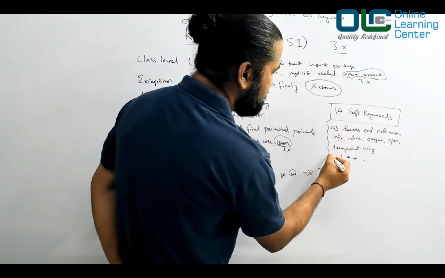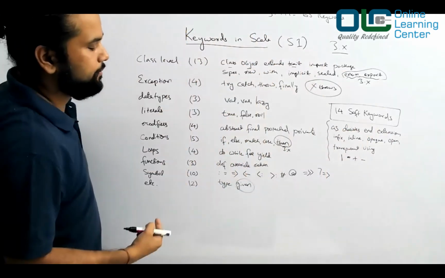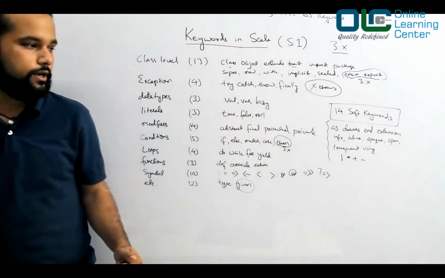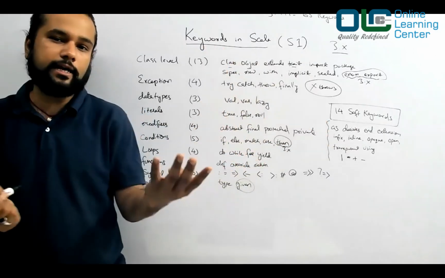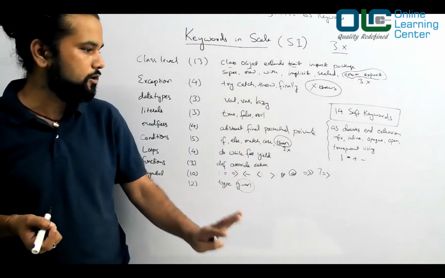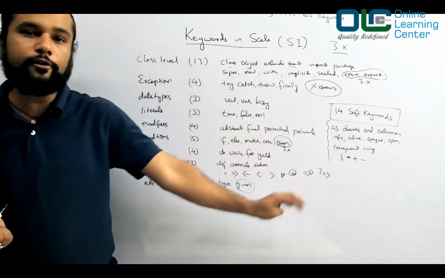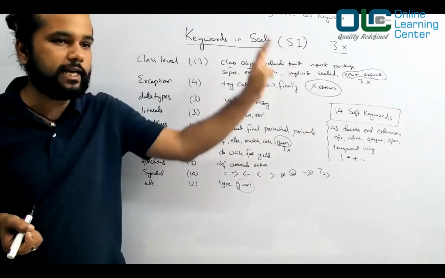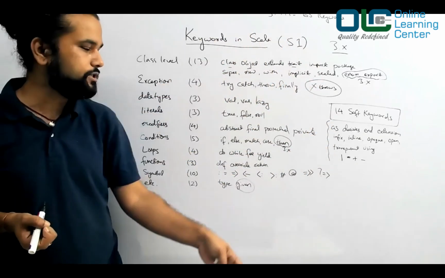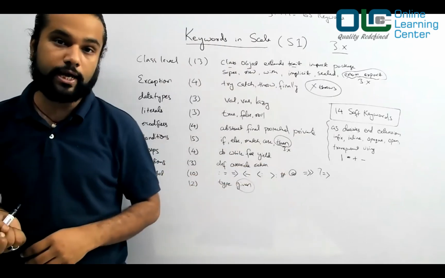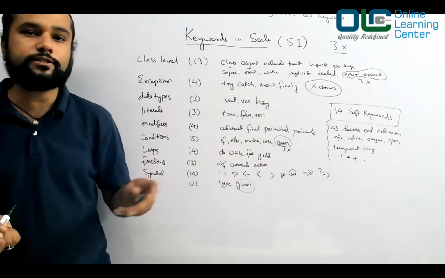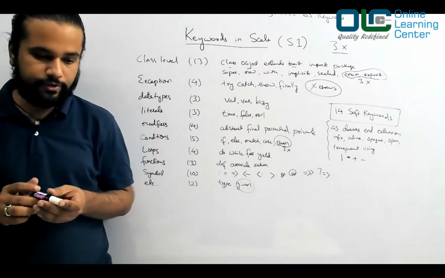I have not classified them together here because they are actually soft keywords. They could be used at class level, variable level, method level or whatever. But we will try to explore as much as possible as we move on with the course. So these are the list of all the keywords in Scala 3.x.